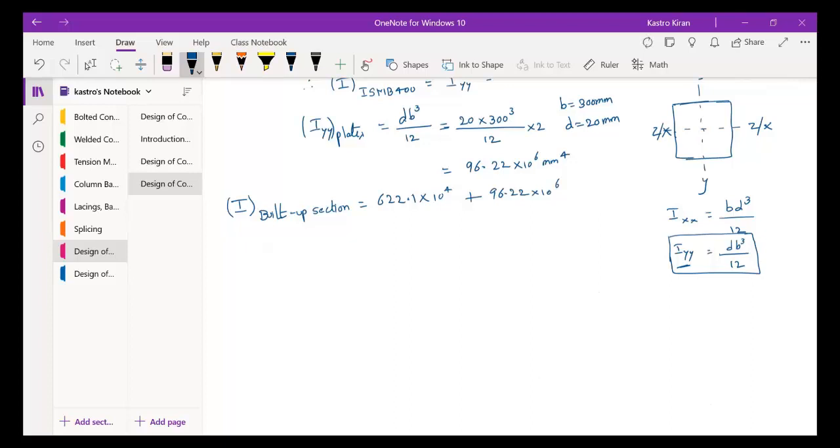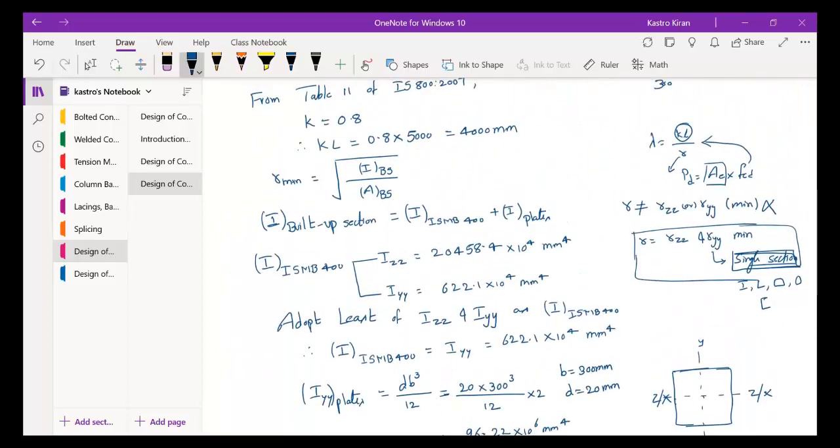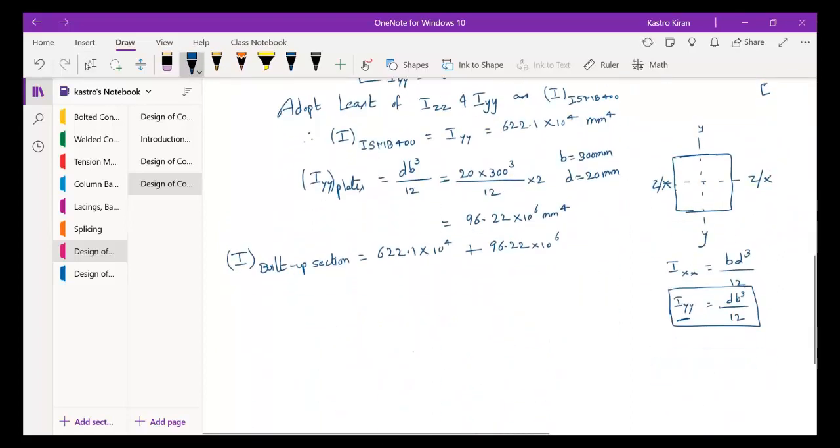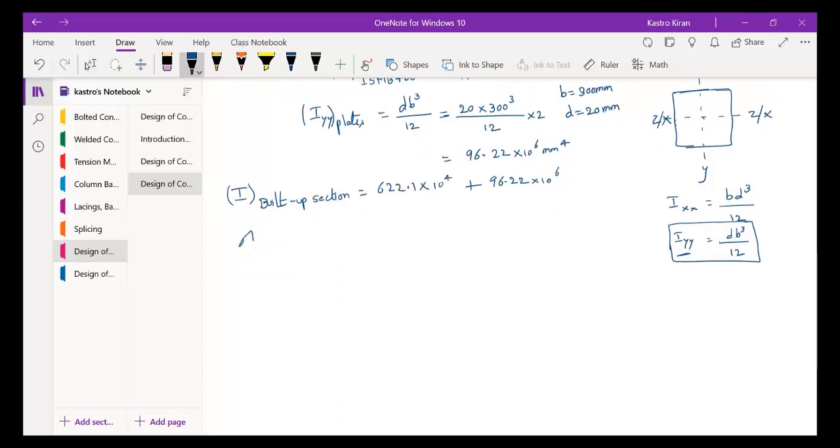Now, what we are going to look for here is we also have to find out the area of the section, because R equals to root I by A. So let's find out the area. Area of built up section equals to same here also. Area of ISMB 400 plus area of plates. What is the area of ISMB 400?